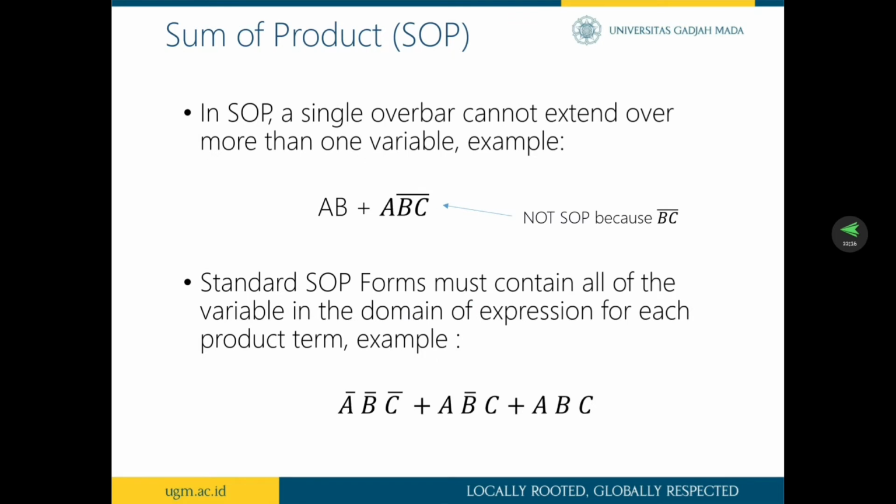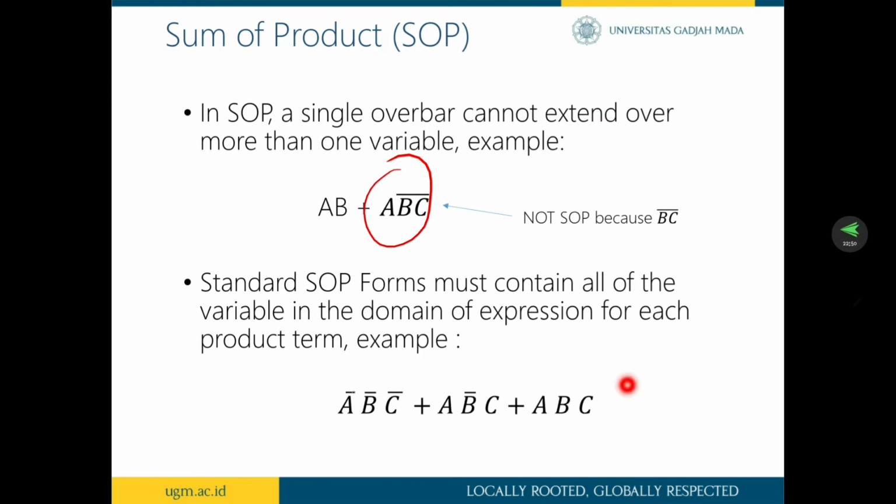And then we recall again, this is not SOP or not sum of product because B and C is uncomplemented in one way. So in SOP, we write the standard SOP form that contains all the variables in the domain of the expression for each product term.